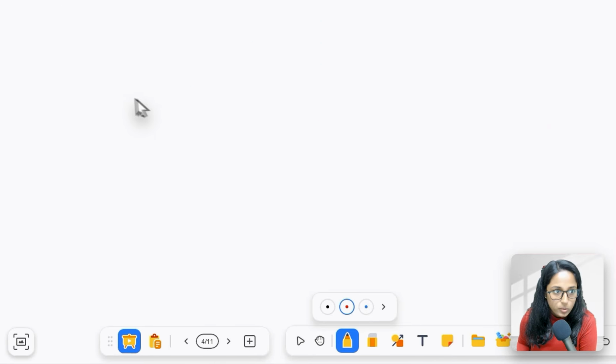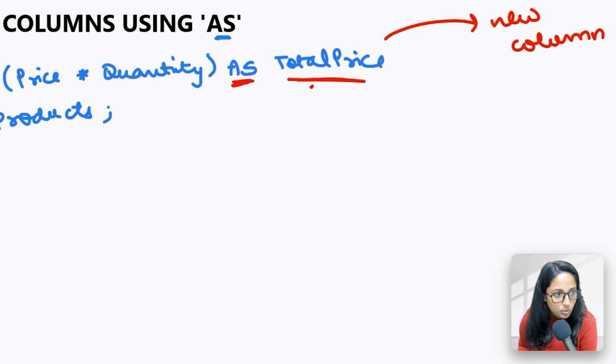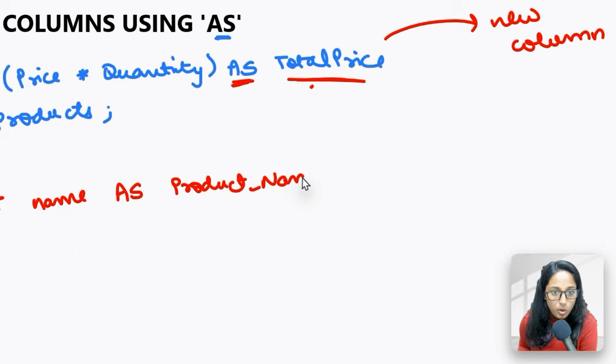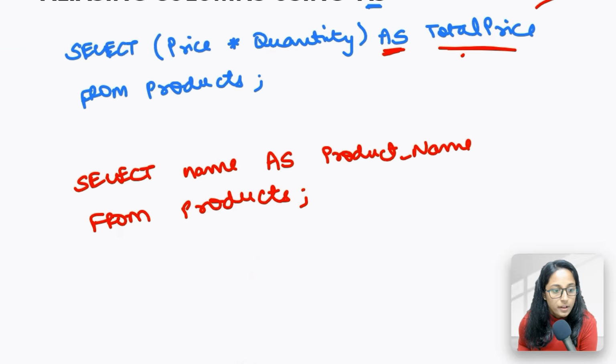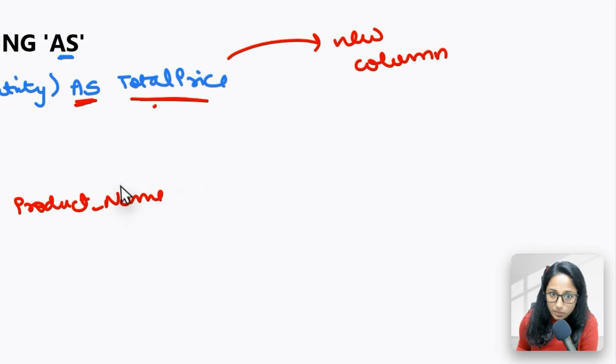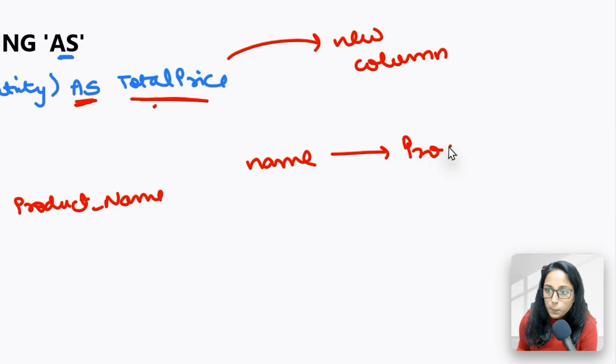So let's try to write a query. How would that look? We would write select, so we need to select name, and we need to rename it as product name from product. So you see, now this will rename name as my product name.